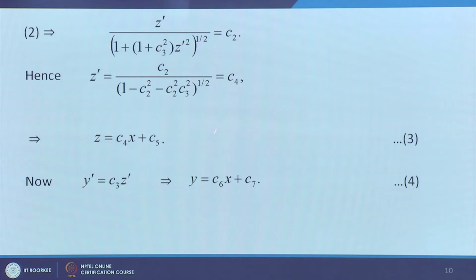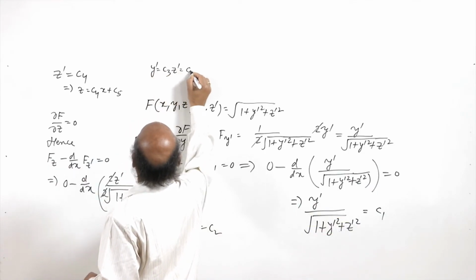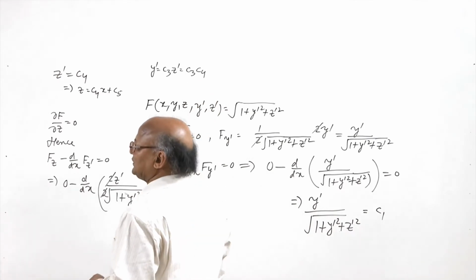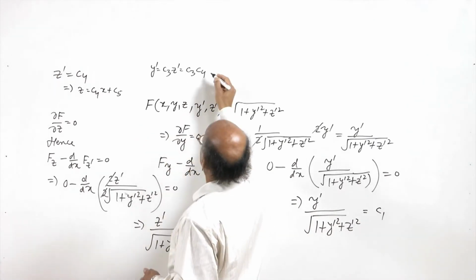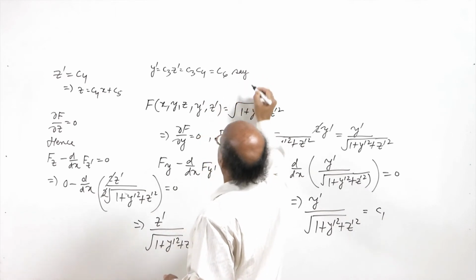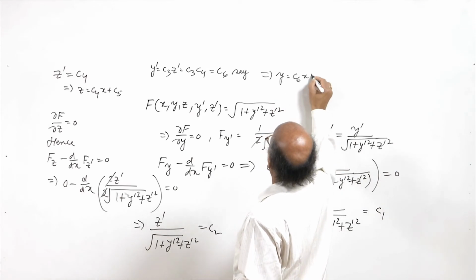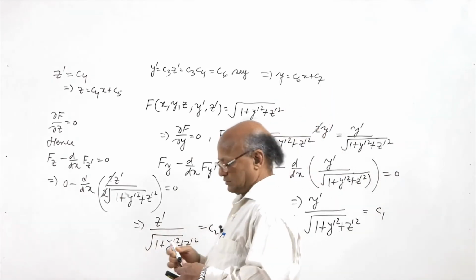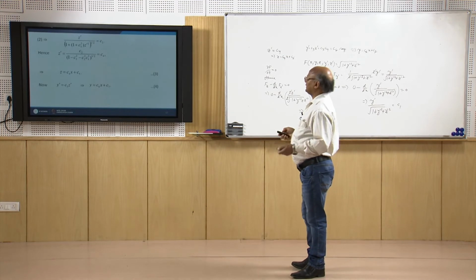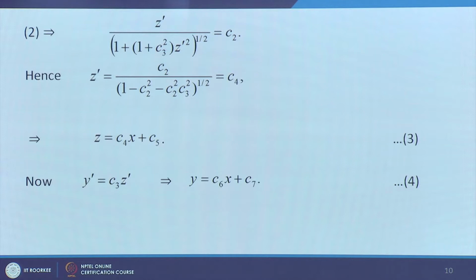So C3 into C4 is y dash, let us say this is C6. So then y is equal to C6x plus C7. So we get the expressions for y and z in terms of x.